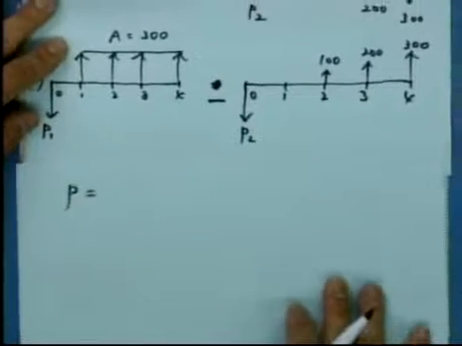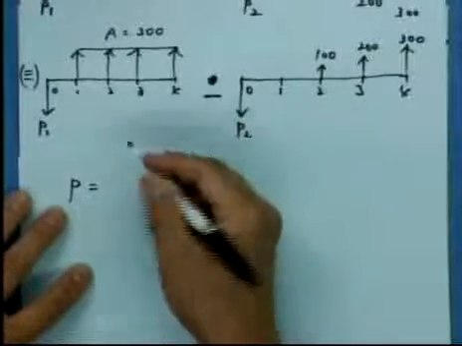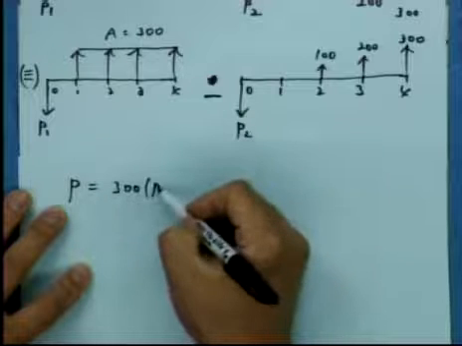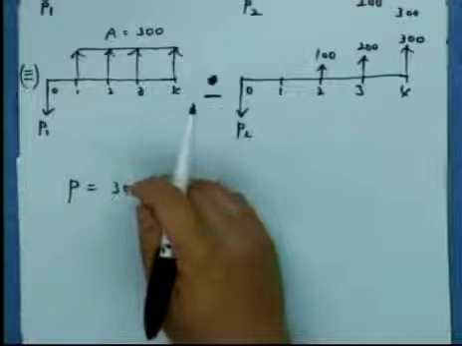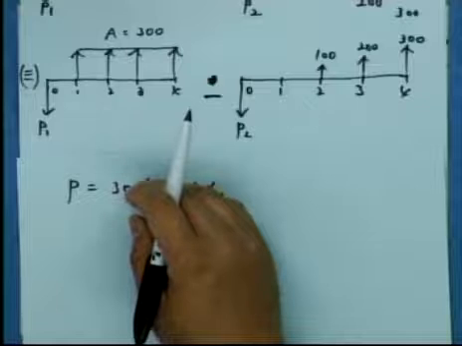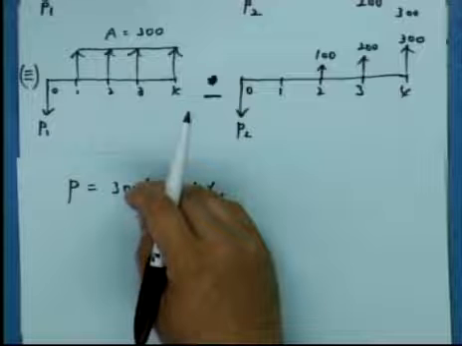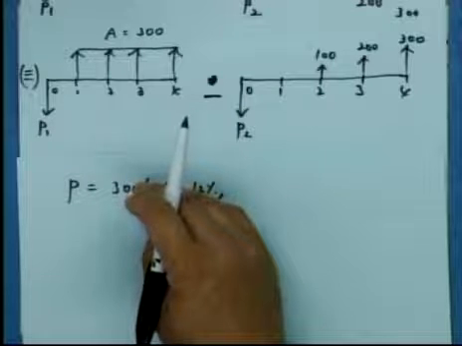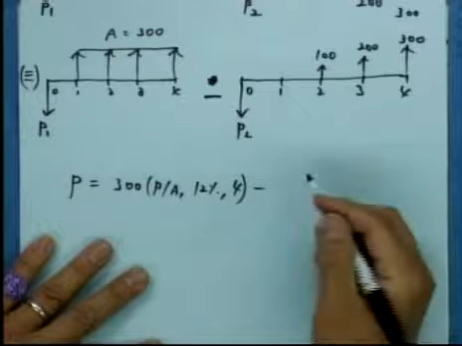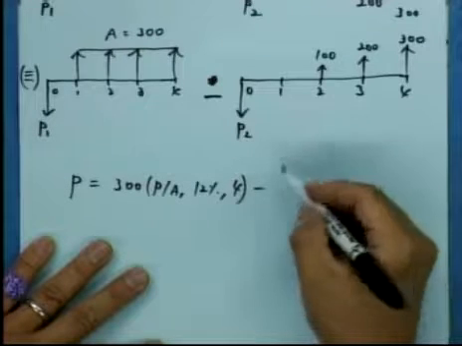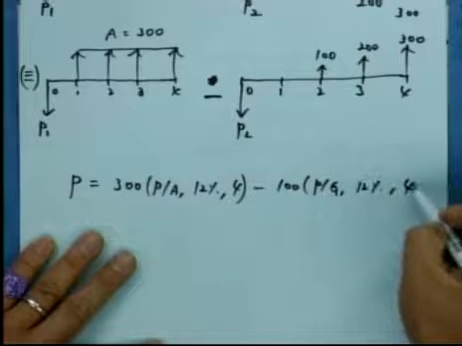So if you want to go with the second cash flow diagram, it's going to be 300 times P given A, 12% over how many periods? 4 periods, minus 100 P given G, 12% over 4 periods, right?